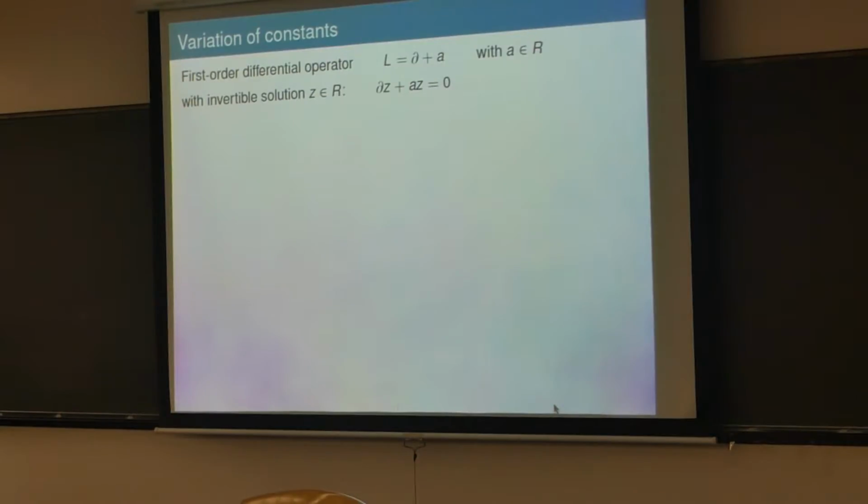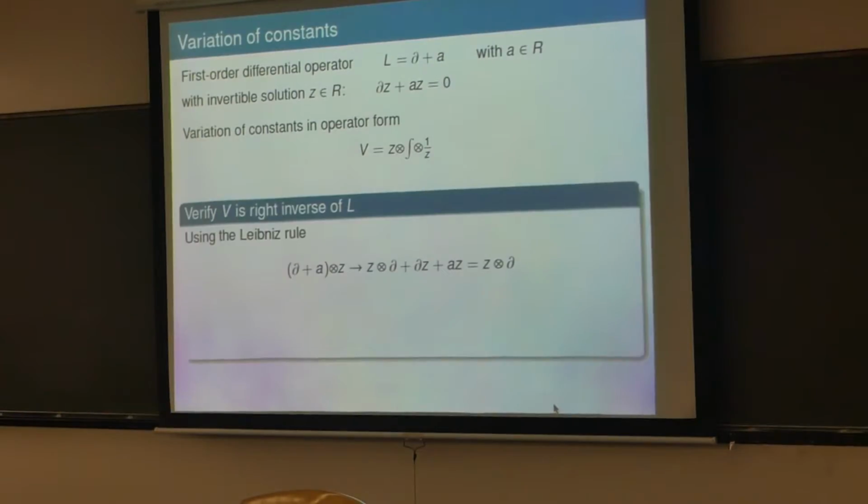Okay, so we assume we have a first order differential operator in this algebra, and we have an invertible solution. Then the variation of constants in operator form is: you take the inverse of the function, you integrate, and you multiply by the function.